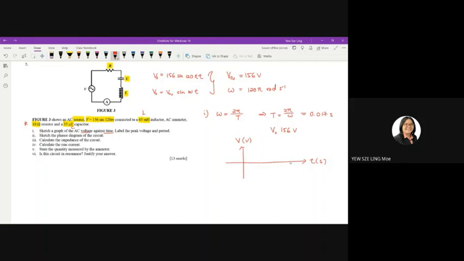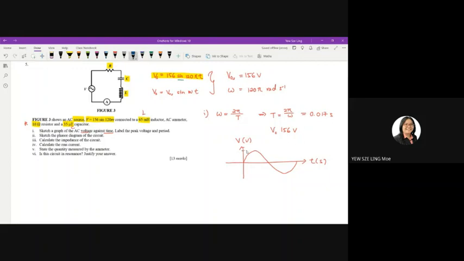How to sketch the diagram? Look at the equation given. You are given an equation without initial phase angle, and you have a sine function. So you just sketch the sine graph right here, starting from 0. After you sketch the graph, of course, you need to label it.